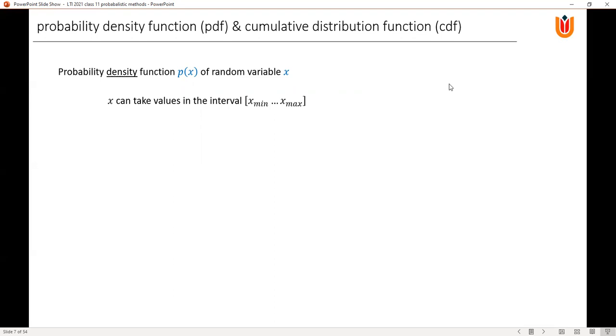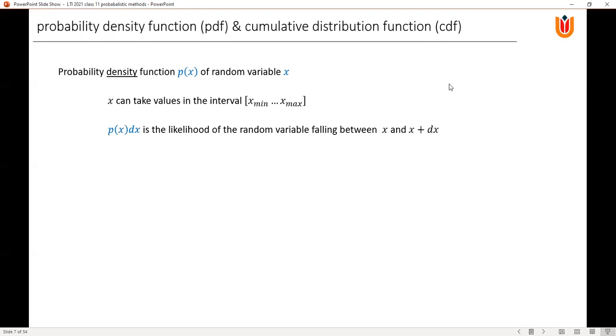So those are the limits that are imposed. Then p of x times dx is the likelihood. Actually, that is misstated. It's the probability of the random variable falling in an interval from x to x plus dx.